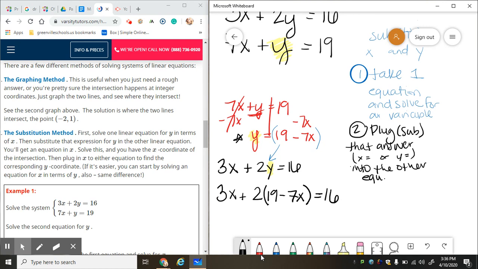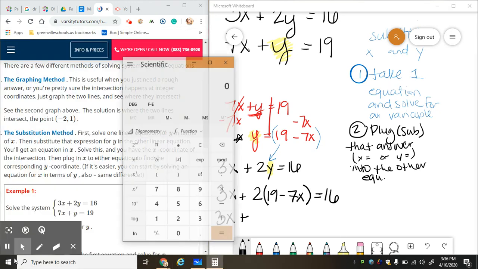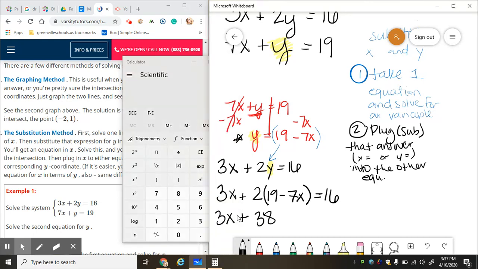From there, I can now solve for x, and I'll have one answer. So I know that's just 3x plus, grab your calculator. Okay, so 2 times 19 is 38, minus 2 times 7, which is 14x, equals 16.